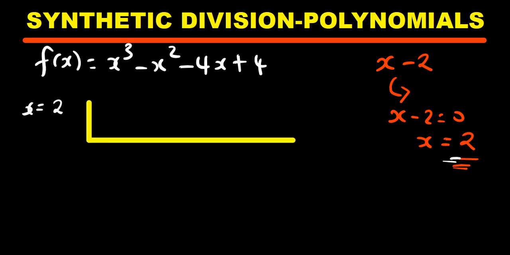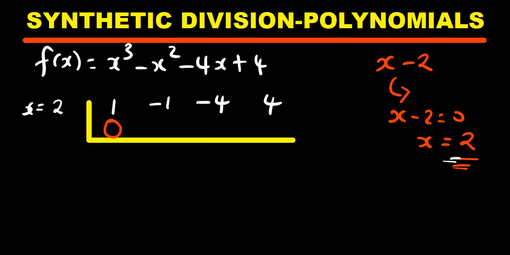The coefficient of x^3 is 1. Just make sure that all the powers are decreasing. So here we have 1, we have -1, here we have -4, here we have 4, our constant. So make sure that when you're starting to use synthetic division, put a 0 here.